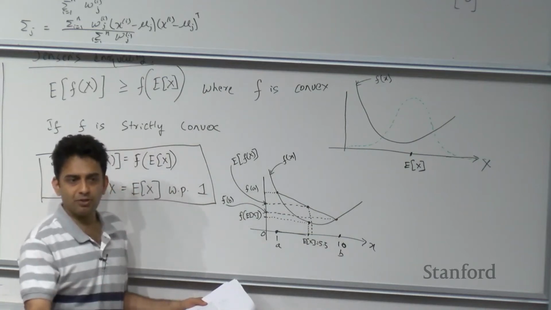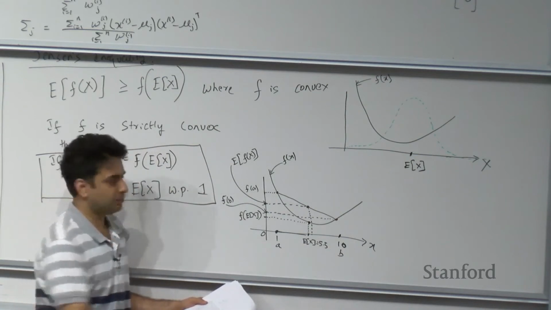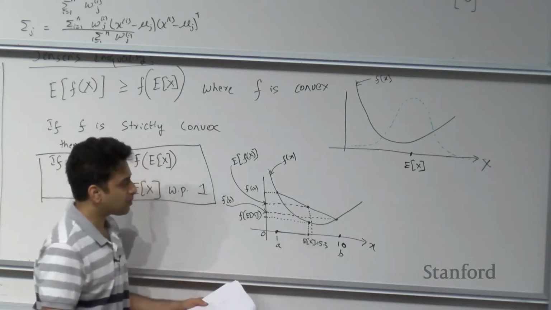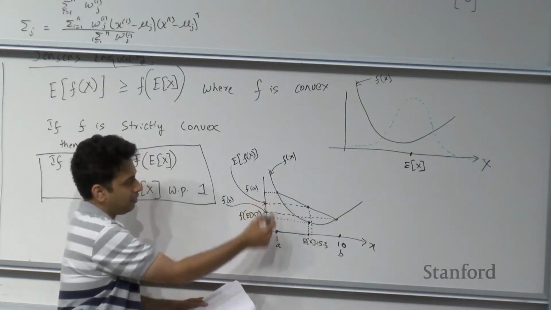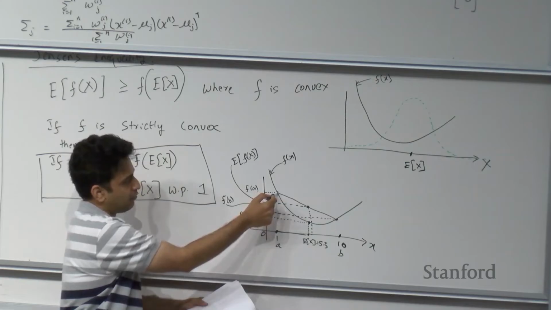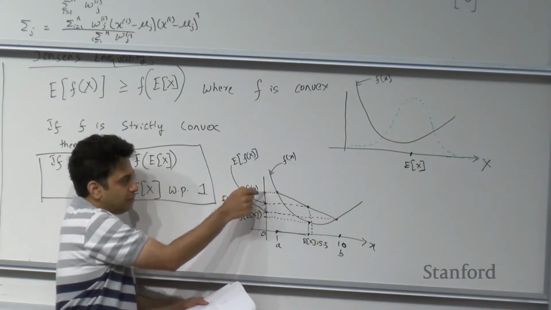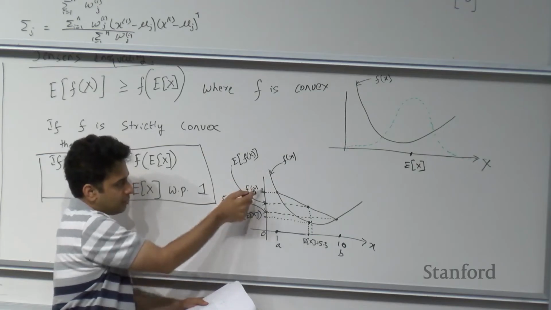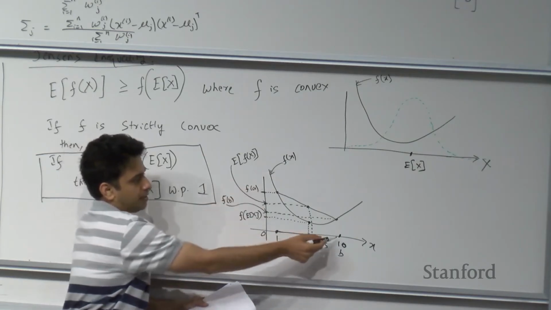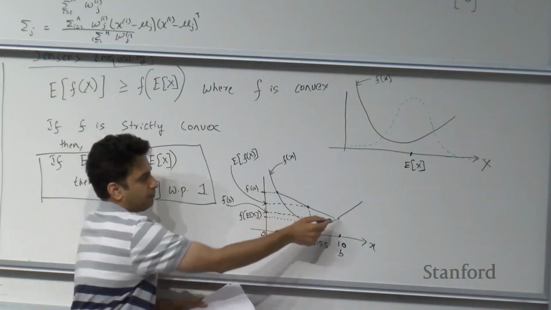So the expectation of x is therefore 5.5. That's over here. Now f of 1, let's call it a. F of a is this point. So the height from the x-axis to this point is f of a. And similarly, if this is b, this is f of b.